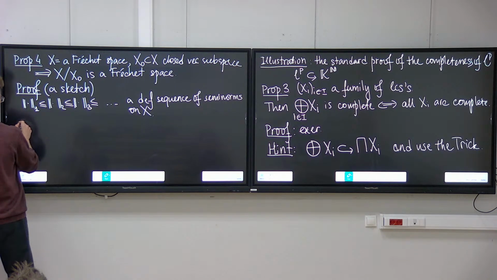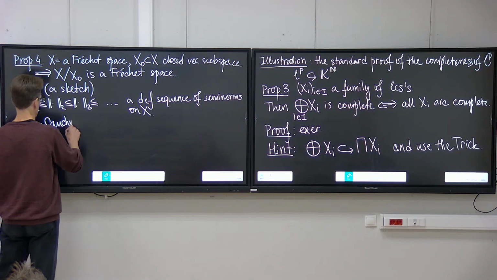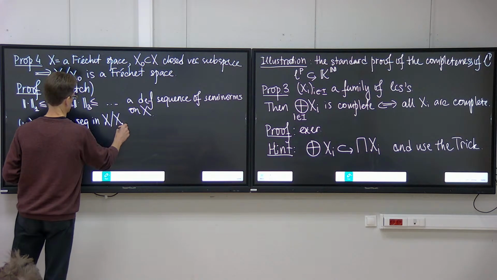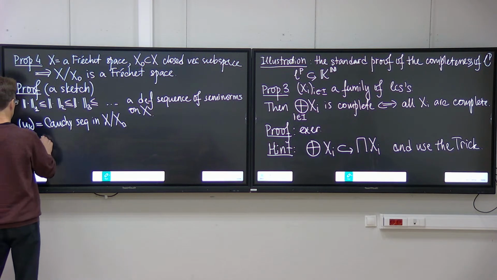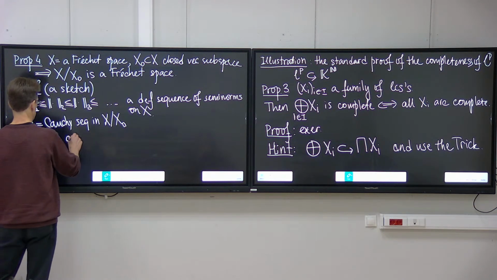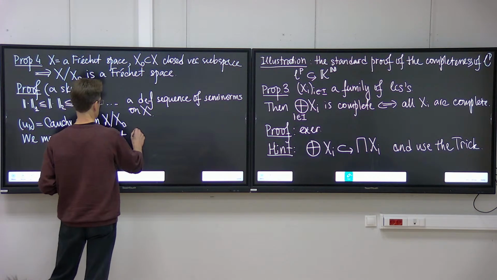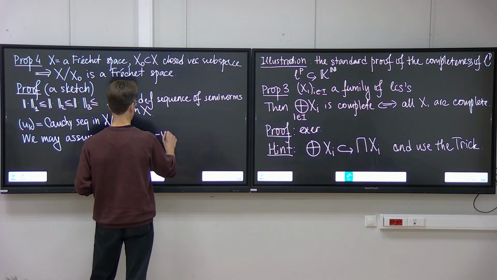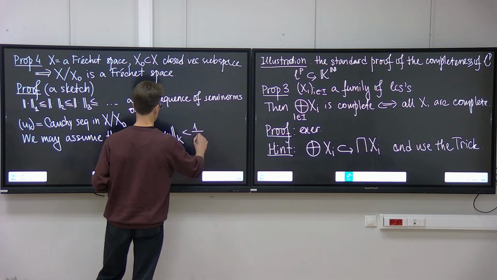So we take a Cauchy sequence uk in the quotient. And without loss of generality, we may assume that the following inequality holds: the kth seminorm of u_{k+1} minus u_k is less than 1 over 2 to the power k.